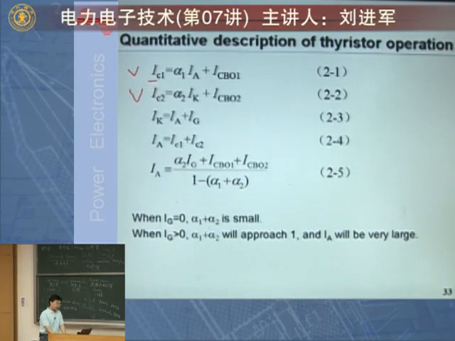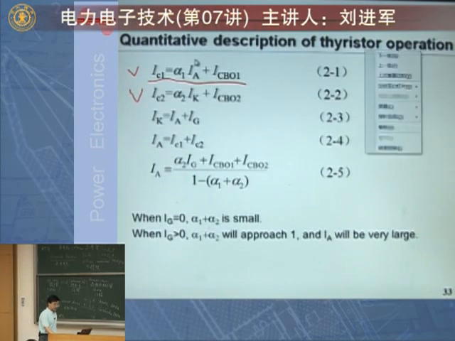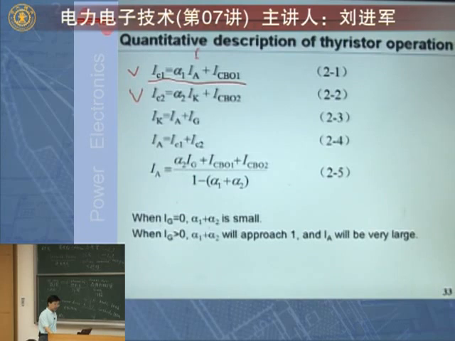The collector current is always equal to alpha multiplied by the emitter current. IA is equal to IE1, the emitter current of V1. IK is the emitter current of V2.